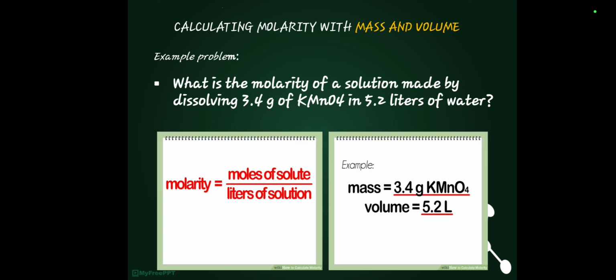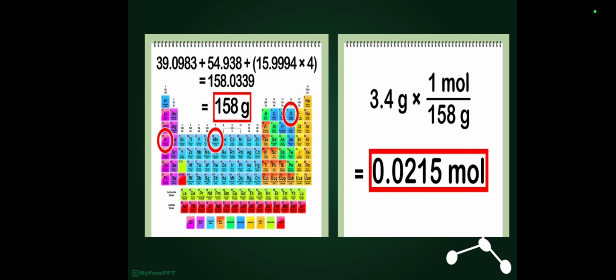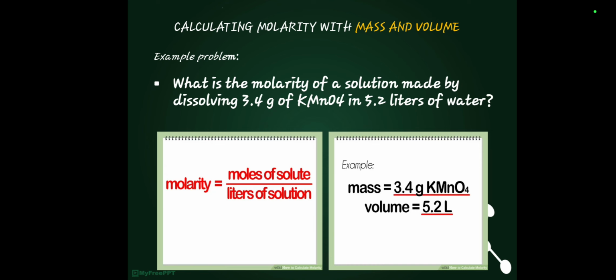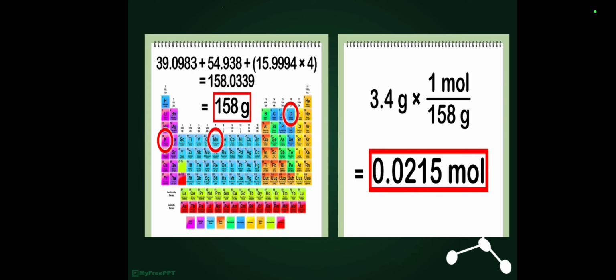Okay, so go back again to the same process. Molarity is equal to moles of solute over liters of solution. Given: we have 3.4 grams of potassium permanganate, and for volume we have 5.2 liters. Okay, let's proceed. So how do we get the 158 grams? Kasi we're looking for it also.